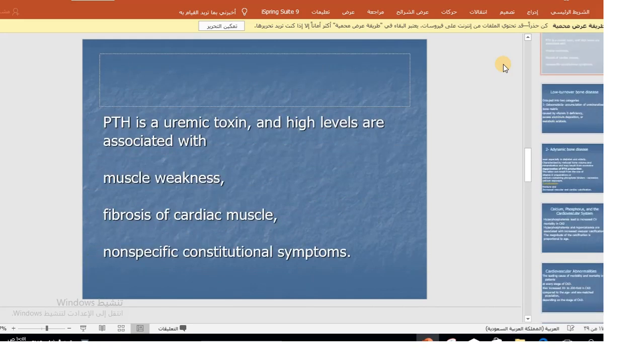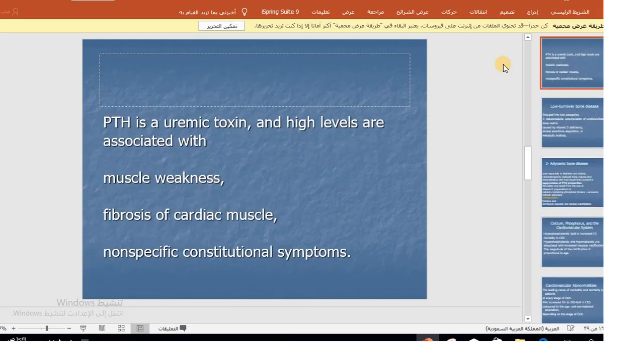As we have mentioned, there are a few indications for dialysis in CKD. We go for dialysis if patients have fluid accumulation that is resistant to diuretics, and also if patients have pulmonary edema that is resistant to treatment. Hyperkalemia can be an indication if it fails medical therapy.